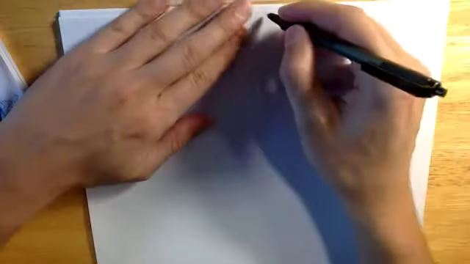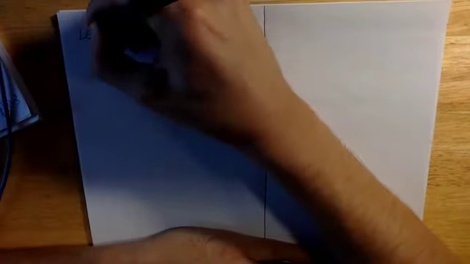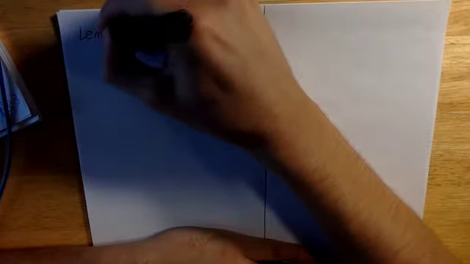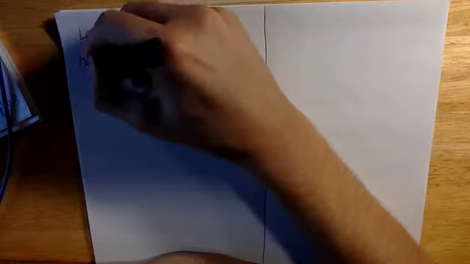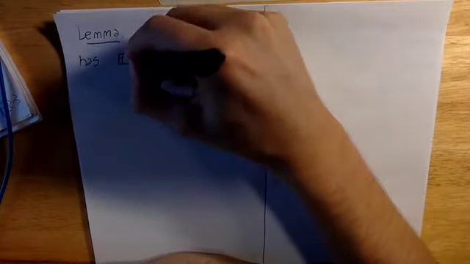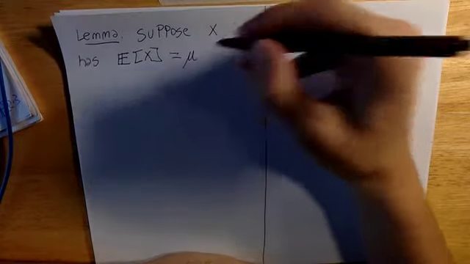So then let's bring it back to what we had said before, and let's write the following lemma. Suppose X has expectation E of X equals to mu.